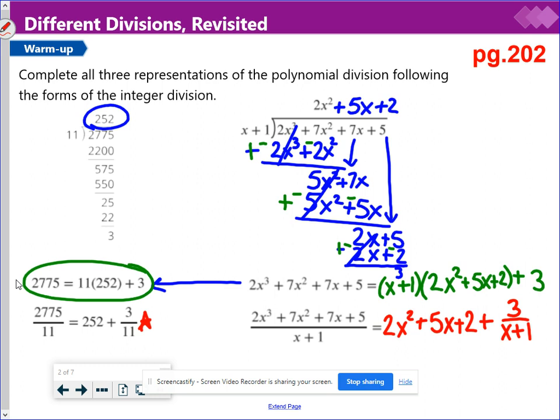Okay, that last one that we had there with that fraction, that rational leftover part, that's what we're going to be looking at today.